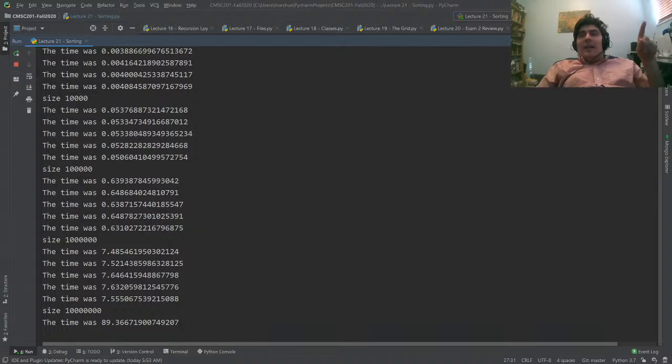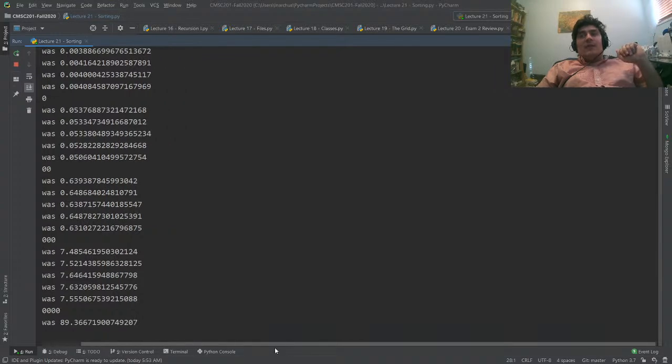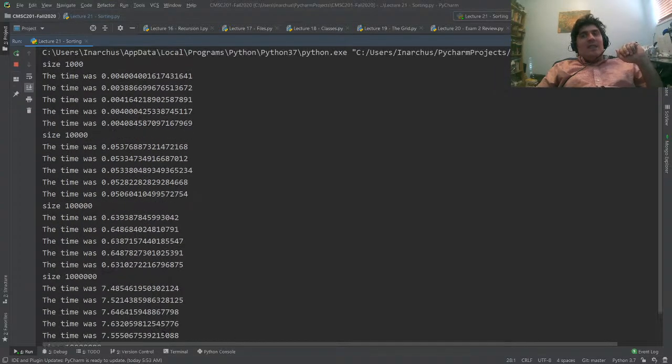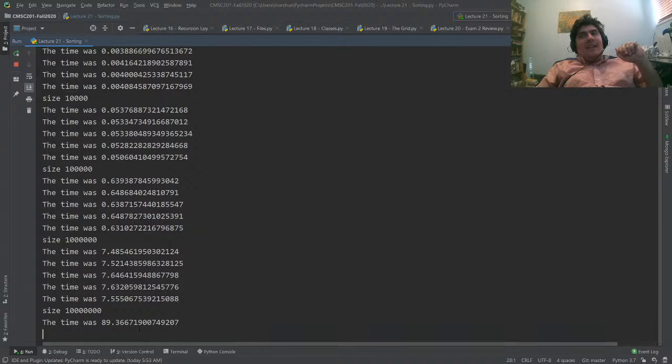Whereas this algorithm, I mean, it does take time to do a list of size 10 million, right? It's not instant. But on the other hand, even though it's not instant, it's also not like a year. So, you know, this is a minute 30 rather than a year. So you can generally wait a minute 30 for your algorithm to finish.